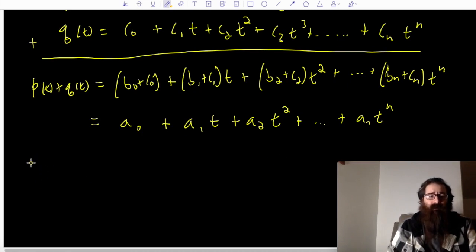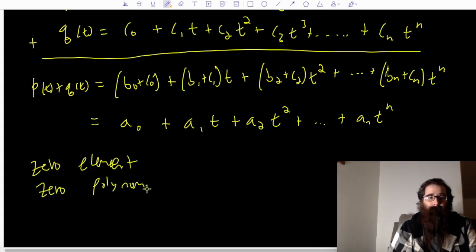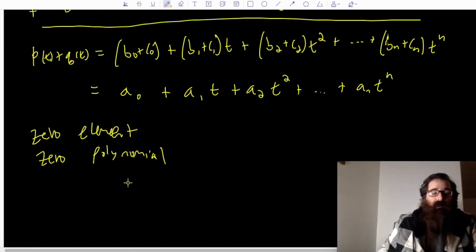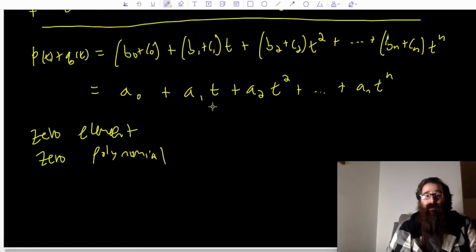What if I want to talk about the 0 element? Well, in this case, the 0 element is really just the 0 polynomial. And I can have that 0 element in my polynomial space. It's going to be very boring. Now keep in mind, t is going to be our variable, and I don't want to impose any restrictions on t. T can be whatever it wants to be, right?